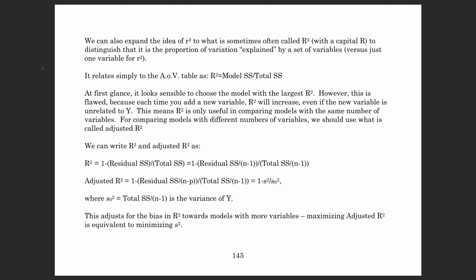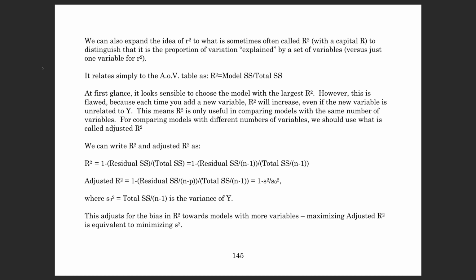So the adjusted r squared is just 1 minus the residual sum of squares over n minus p over the total sum of squares over n minus 1, which is just 1 minus s squared over s0 squared, where s0 squared is just the variance of y.